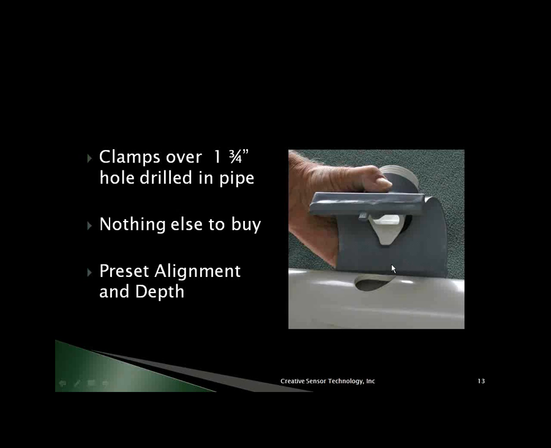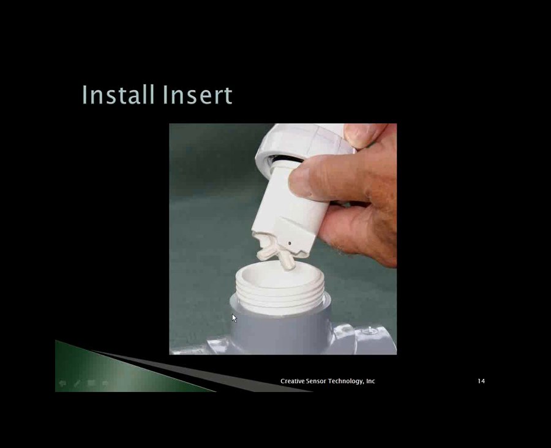There's nothing else to buy. It's all one piece that comes together, and it also, again, presets the alignment and the depth. It uses the same insert as the T-type sensors, so the same structures are there for the guide on the front of it and the slot in this housing that's already affixed to the T, so that the depth and the alignment are controlled.